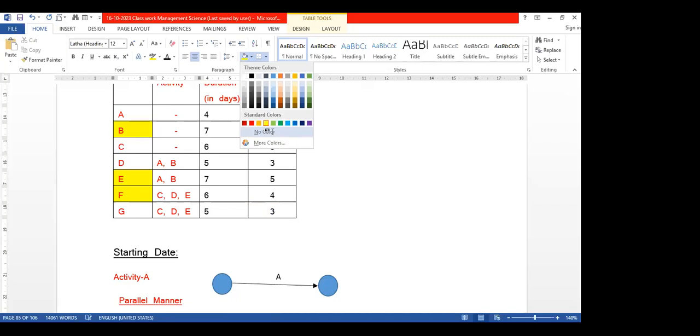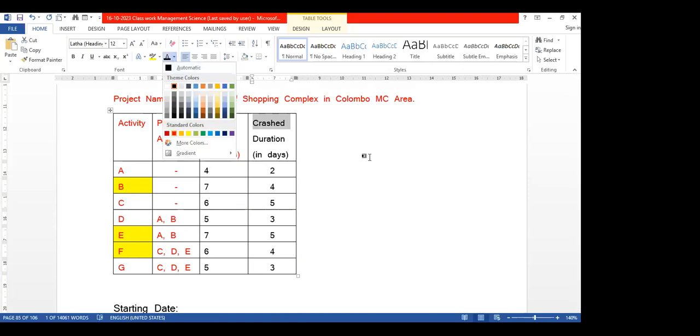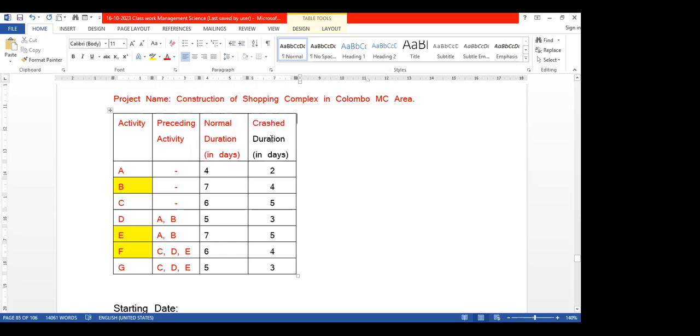So what we have to do is quickly complete the task. The normal time for A requires 4 days. Crashing means shortening or reducing the time. Then they will try to complete it within 2 days, but they need extra cost-wise more.